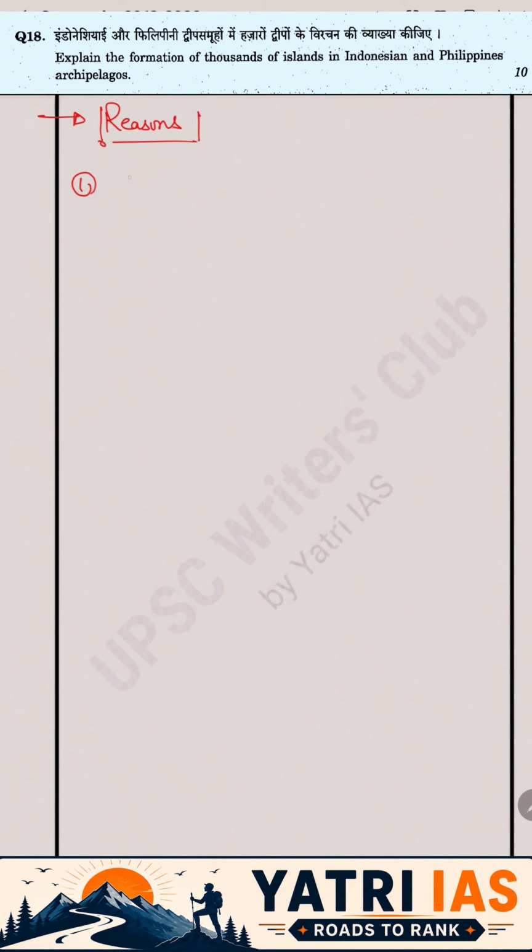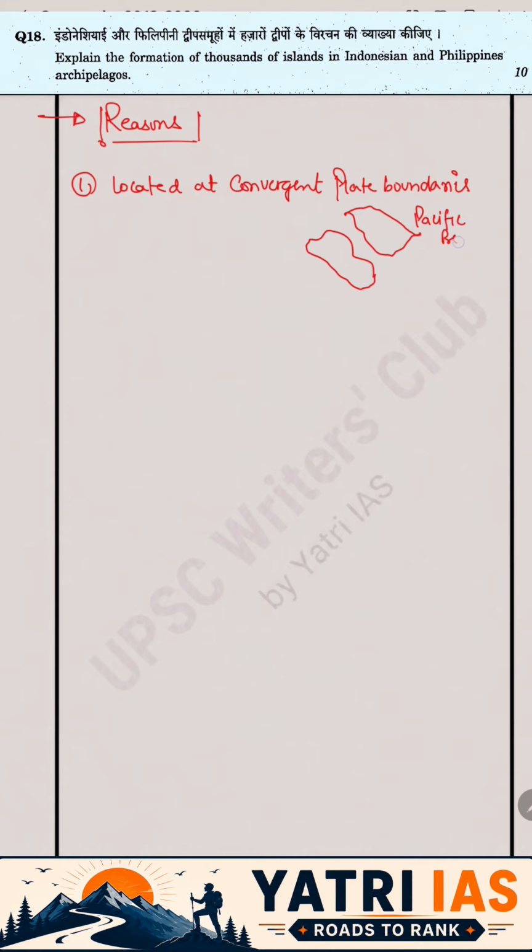The very first reason you would mention is both countries are located at convergent plate boundaries. You see the Pacific belt, and then you see the Indo-Australian belt. So with this convergence, they are located at this location.